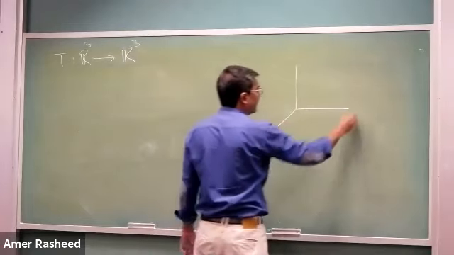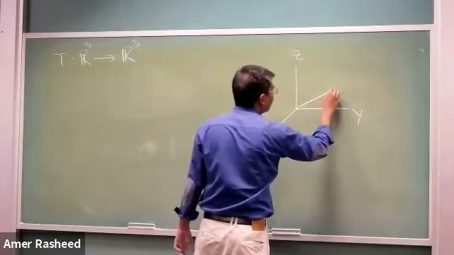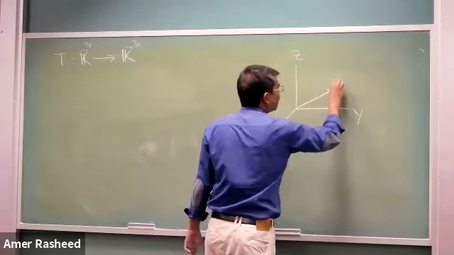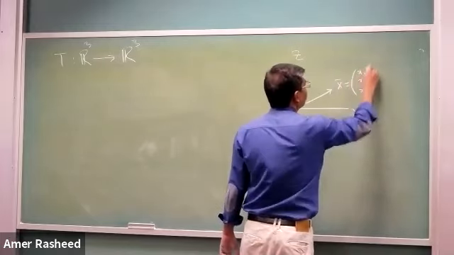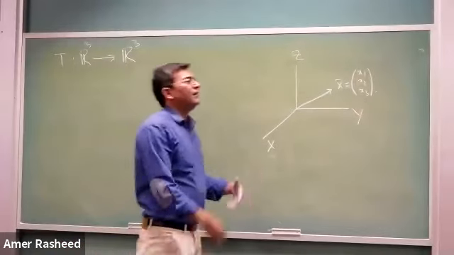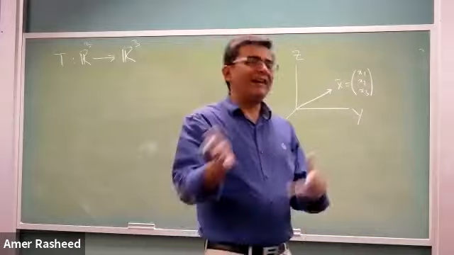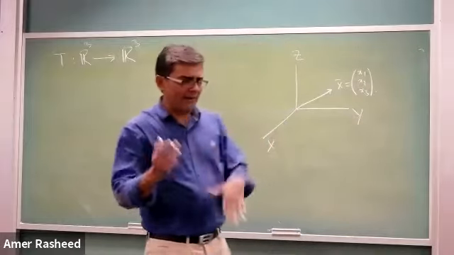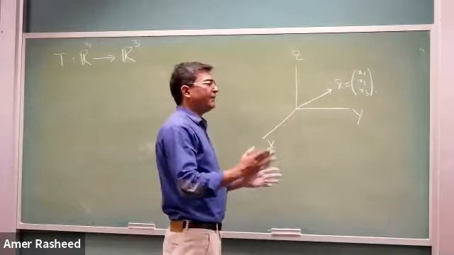This is your x, this is your y, this is your z. If you have any vector here, x has 3 components, x1, x2, x3. You have to find its reflection about the xy plane, yz plane, or zx plane. Now there are planes involved here.